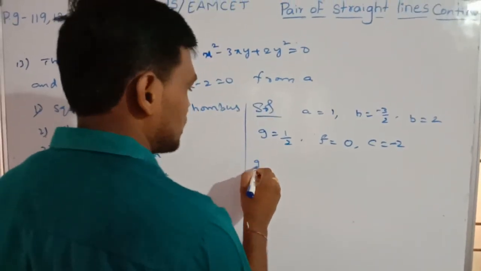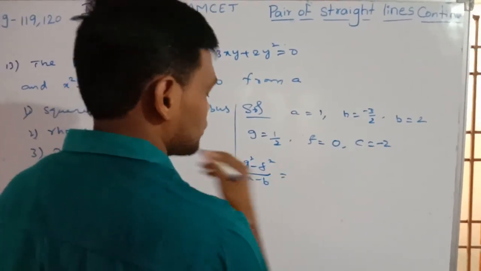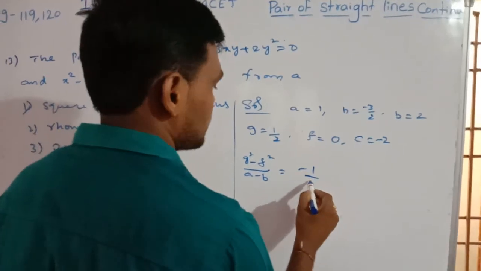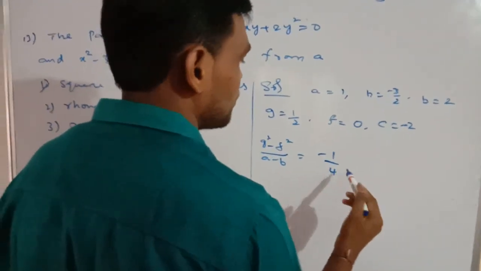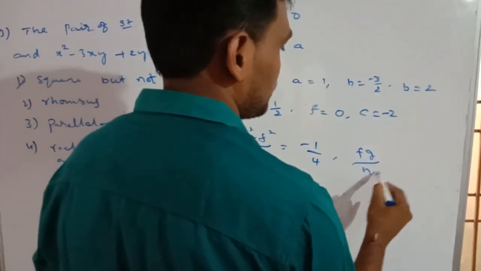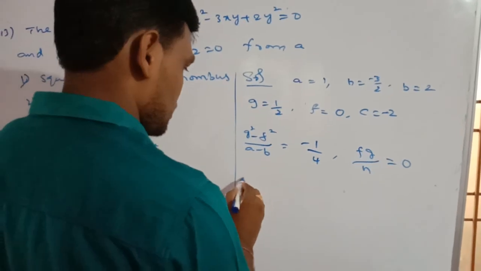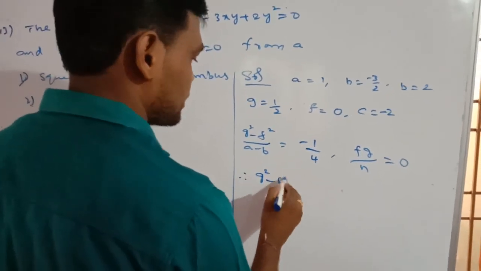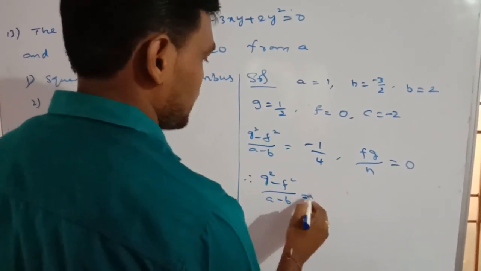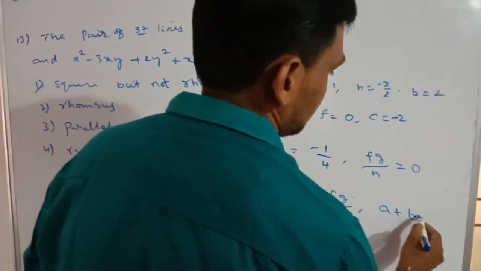Now g square minus f square by a minus b is the value minus 1 by 4, and fg by h is equal to 0. Therefore g square minus f square by a minus b is not equal to fg by h, and also a plus b is not equal to 0.